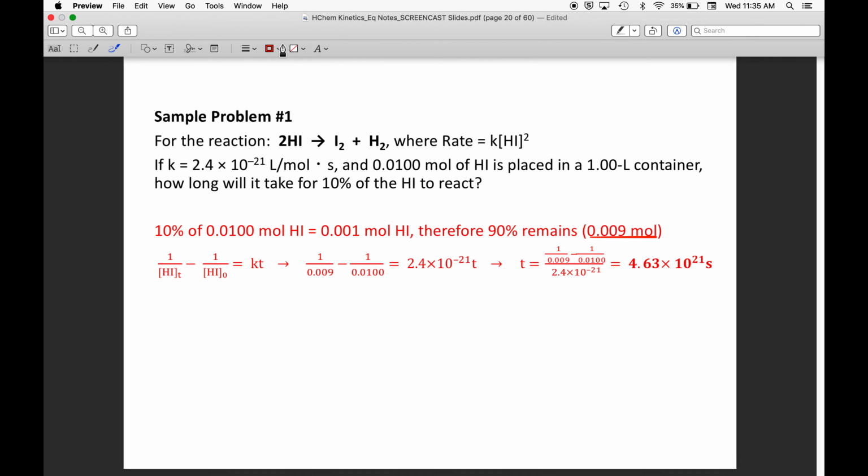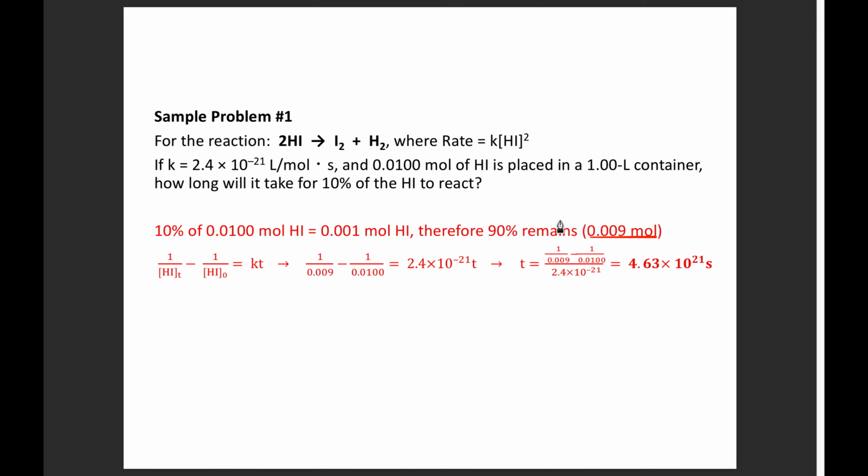Okay, let me change the color here. Okay, so that's what you're going to get here. All right, so that's your 90%. Okay. All right, so if that is the amount remaining, now it's just a matter of plugging the numbers into our second order equation. So we're going to take our 0.009 because this is the concentration after time has passed.